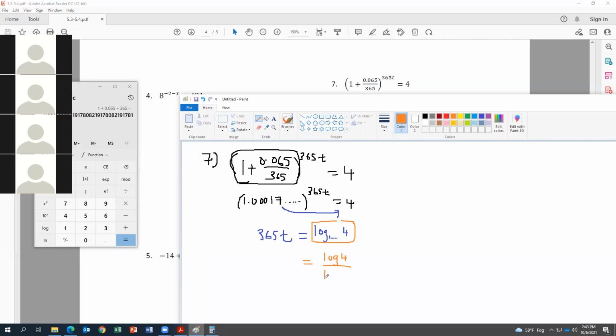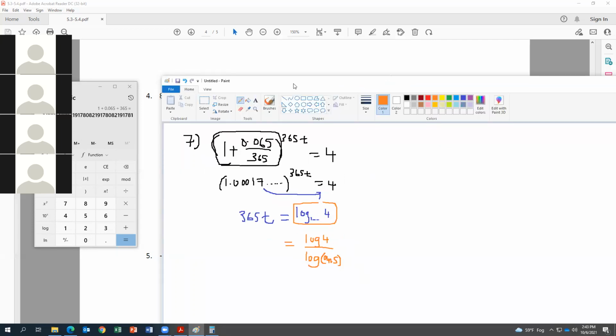Over by, now I'm going to teach you, if you have your calculator, we're going to use ANS. Does anyone know what ANS means? Answer. Your previous answer. So mostly all your calculators have your previous answer, which means the 1.0017. So if you're lazy to write all those numbers down, make sure you use the ANS.